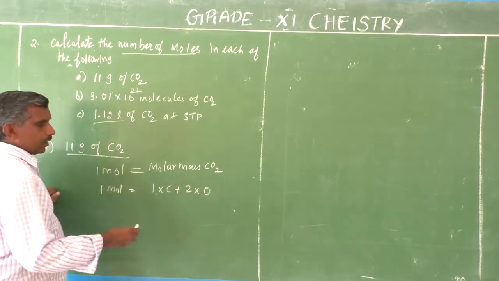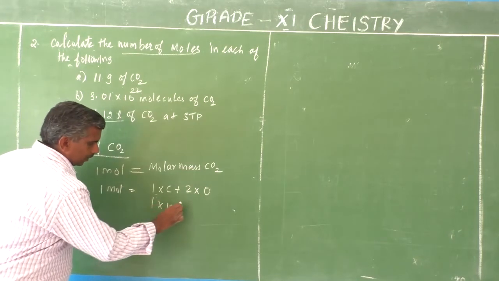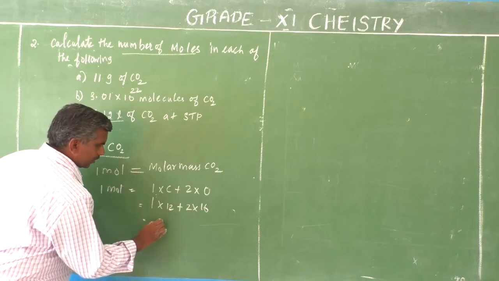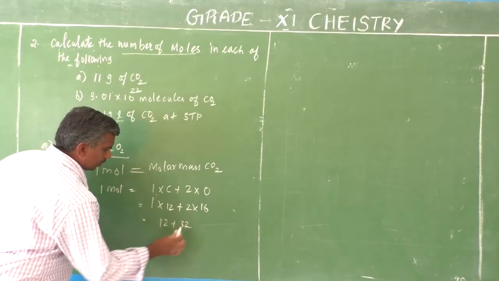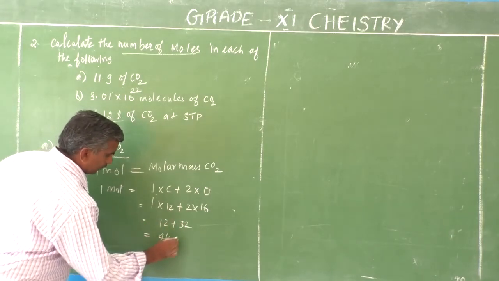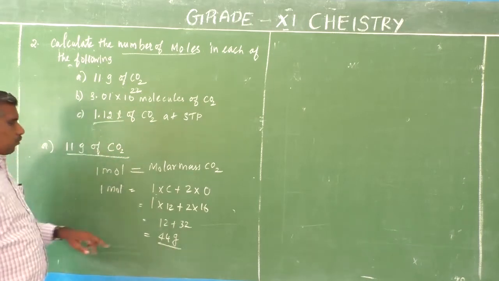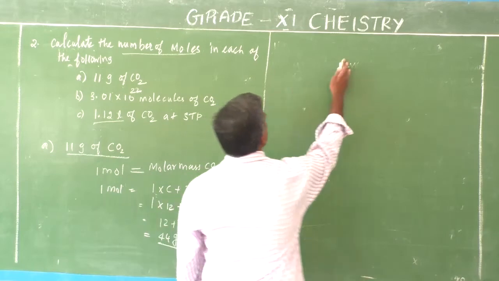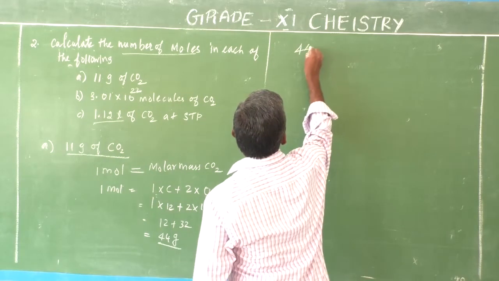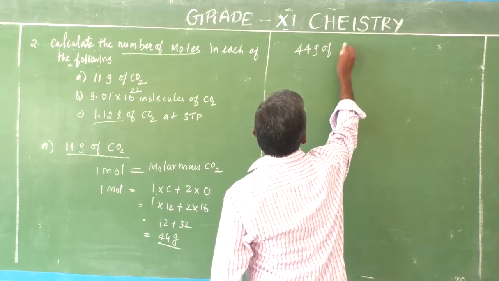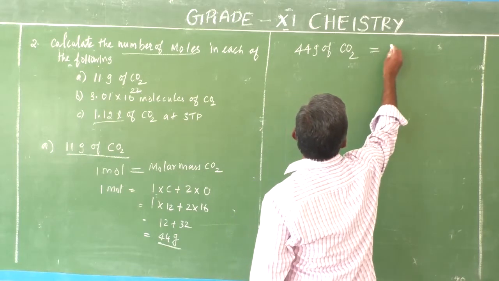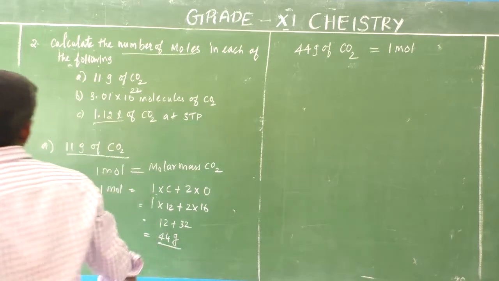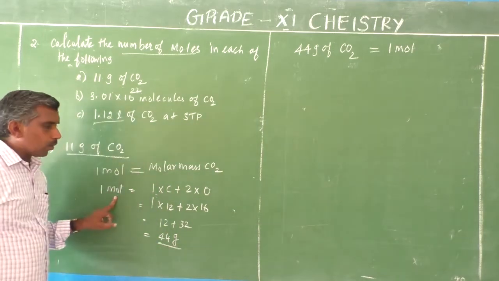Carbon mass we already know is 12, oxygen mass is 16. That is 12 plus 32, 44 gram. So 44 gram of carbon dioxide is equal to 1 mole.